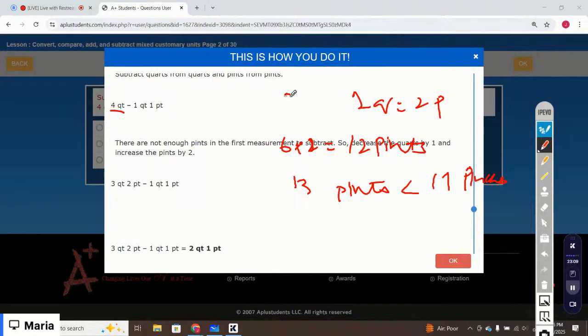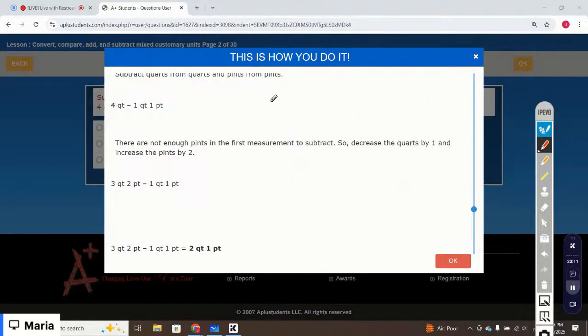You can break it down like this. That is 3 quarts and 1 quart. Then you have 3 quarts and 2 pints, because 1 quart equals 2 pints. So you have to see now 3 quarts 2 pints minus 1 quart 1 pint.